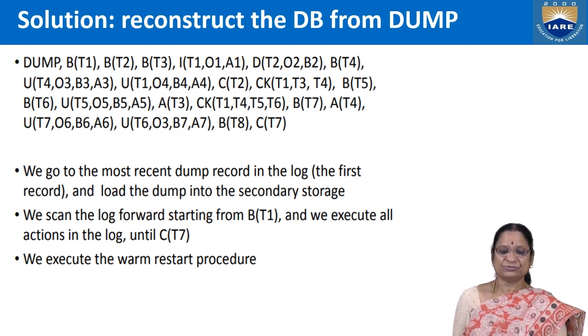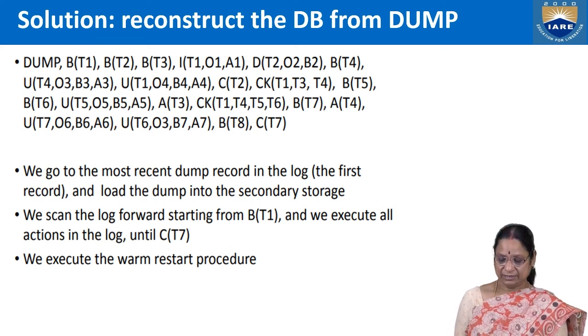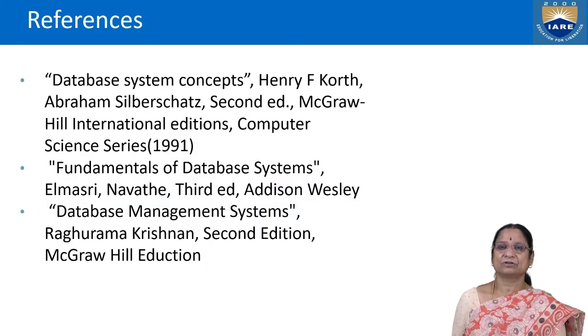So we go to the most recent dump record in the log file and scan the log file forward starting from the beginning of transaction 1, and we will execute all actions in the log till the entire log record is completed, that is, commit of T7. Then we execute the warm restart procedure, that is, redo and undo operations.